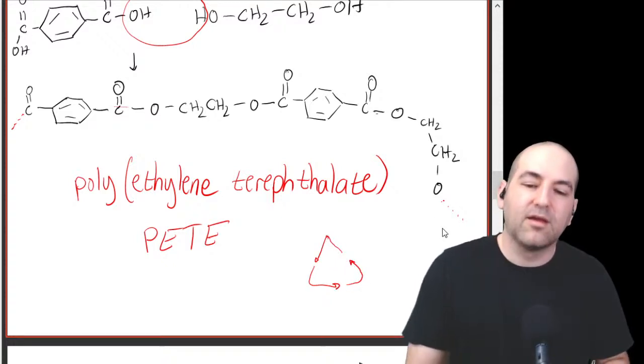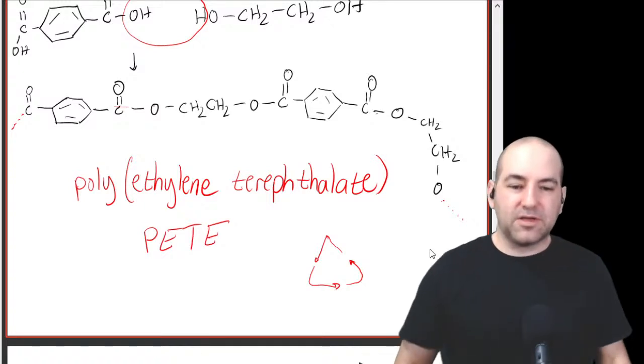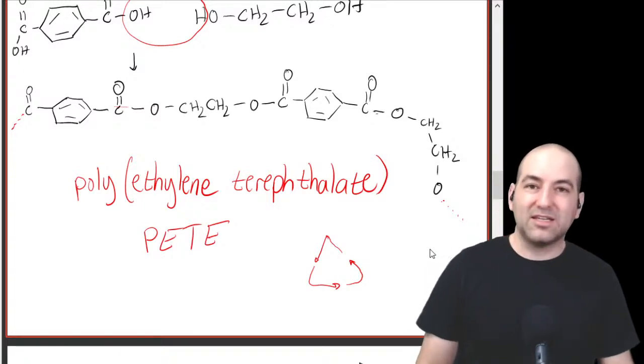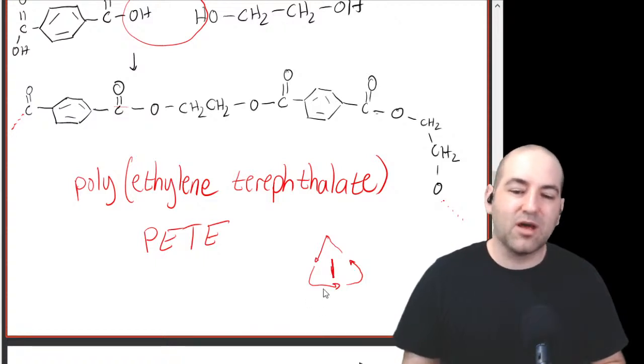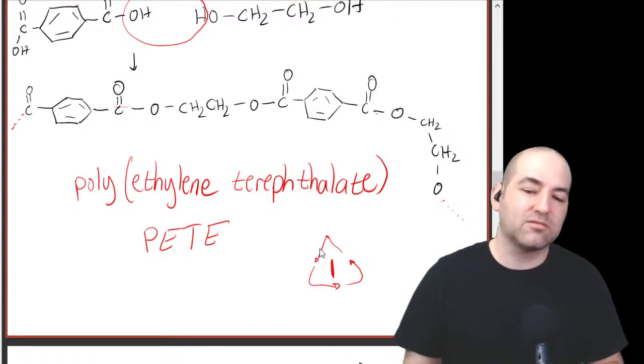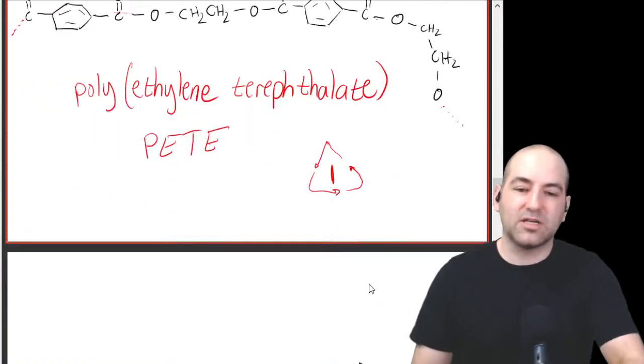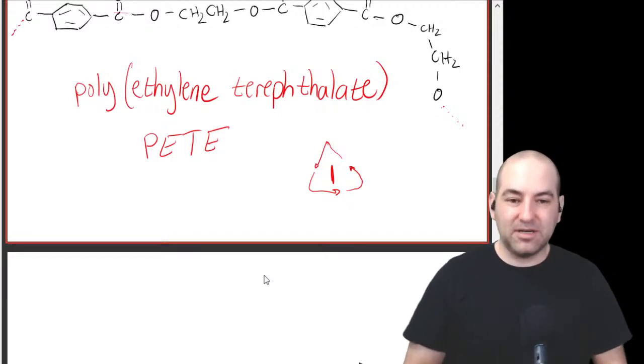Like that. Which makes you think, oh, this thing is recyclable, but that's actually not true. That symbol tells you what type of plastic it is from the number in here. So PETE is plastic number 1. So that one always has a number 1. But that does not actually mean it's recyclable.